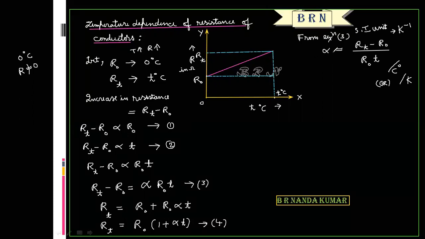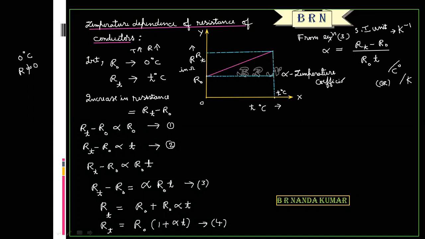Alpha is called the temperature coefficient. What is the meaning of temperature coefficient of resistance of a conductor? That is the ratio of increase in resistance per unit original resistance per degree rise in temperature.